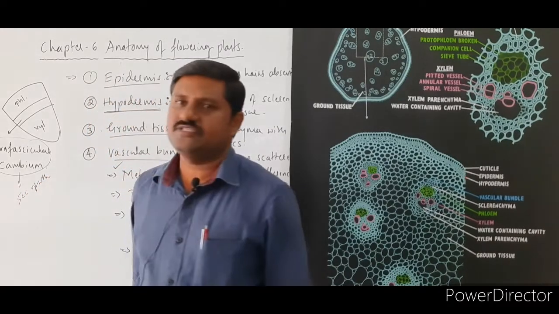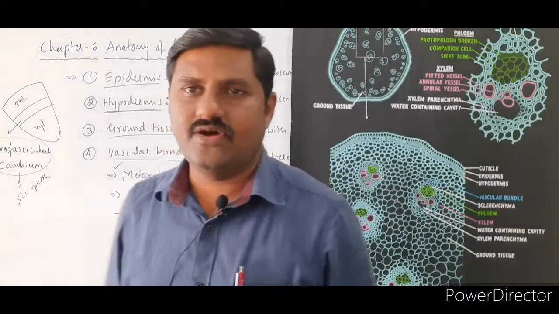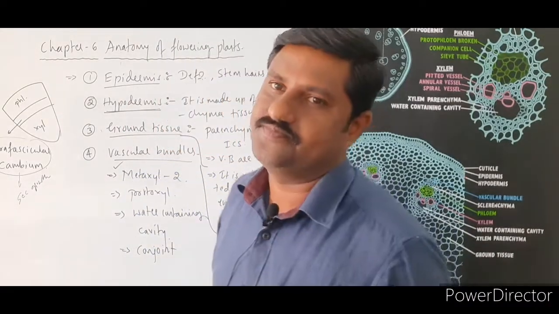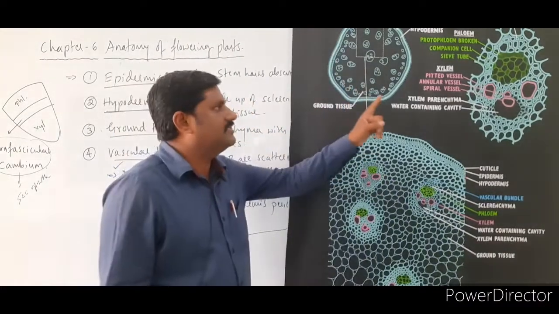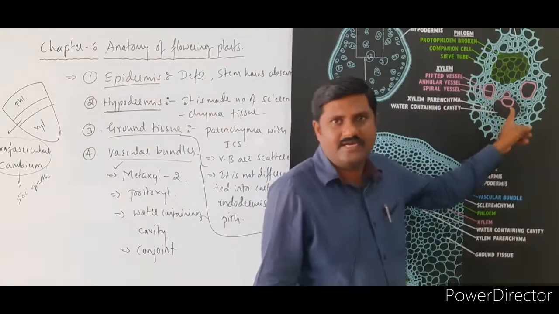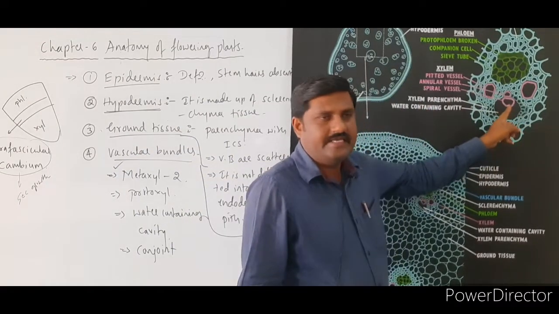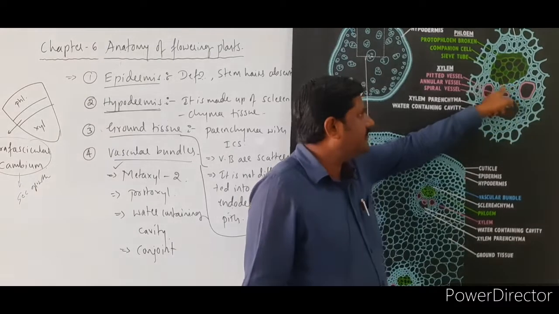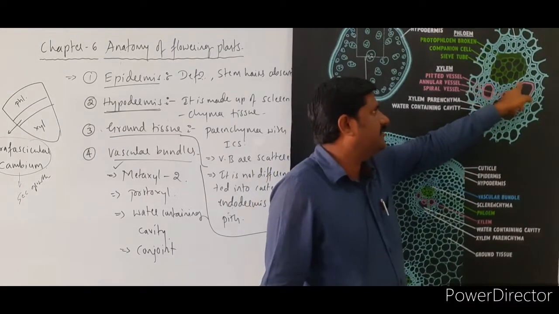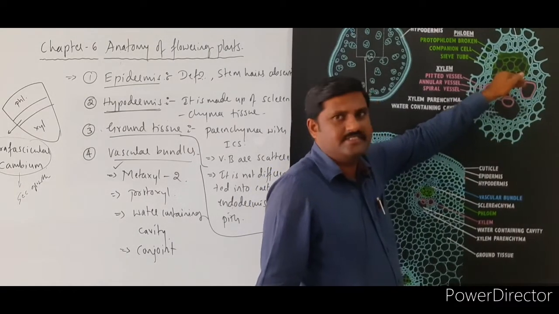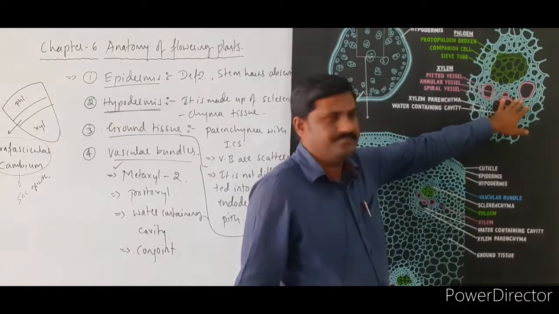What is it responsible for? Secondary growth in dicot stem. But whenever you see the same vascular bundle in monocots, is there any intrafascicular cambium which separates this phloem and xylem?